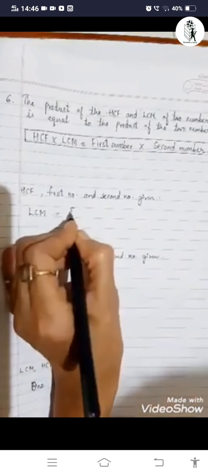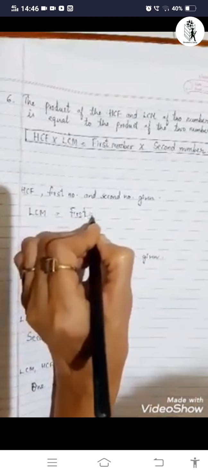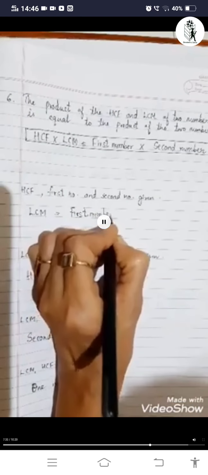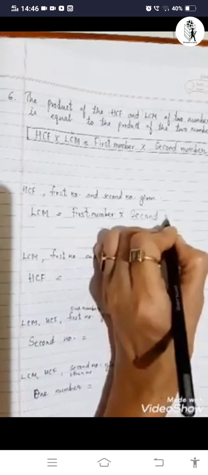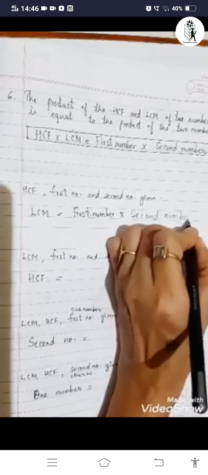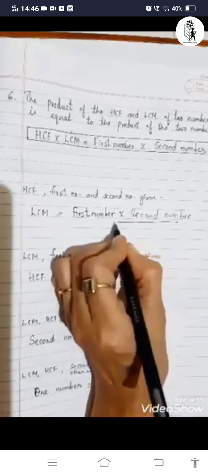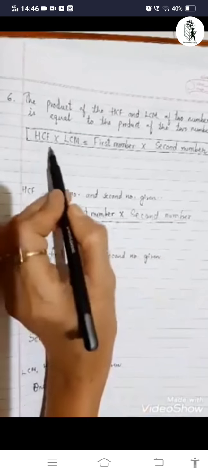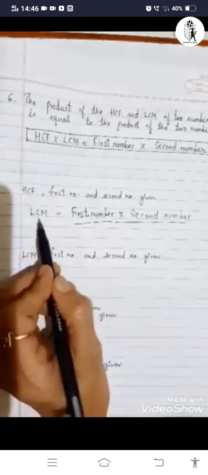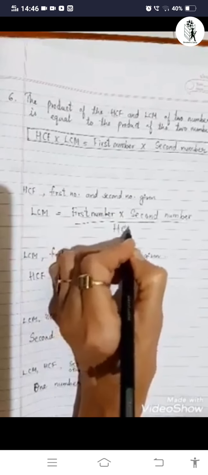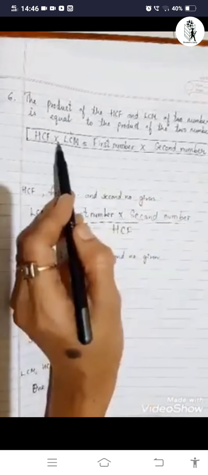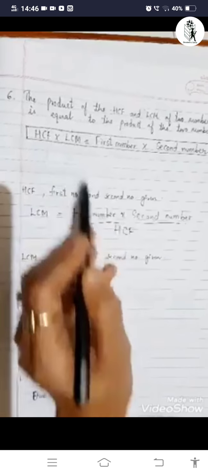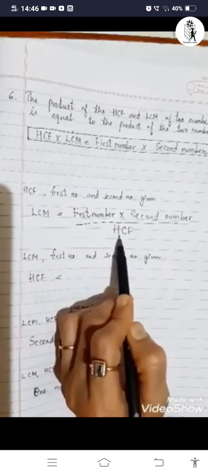The formula will be first number multiplied by second number upon HCF. These two become a product, and the number we don't want, the HCF, goes down and becomes the denominator.